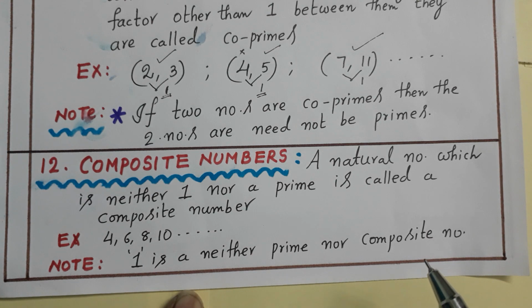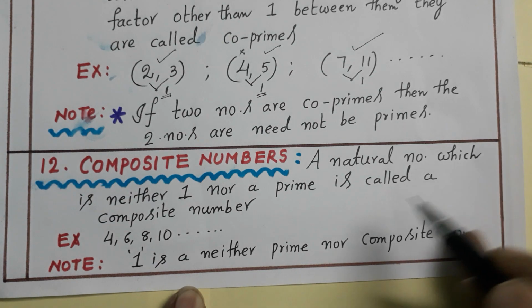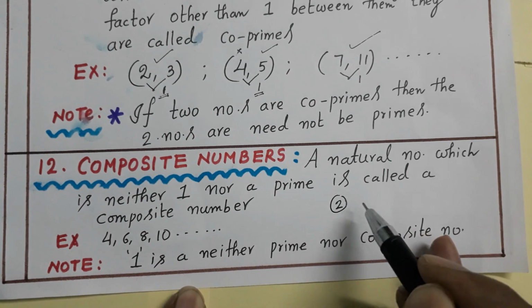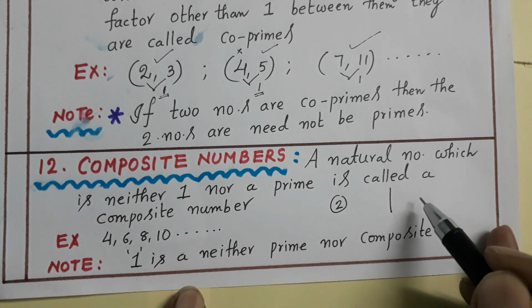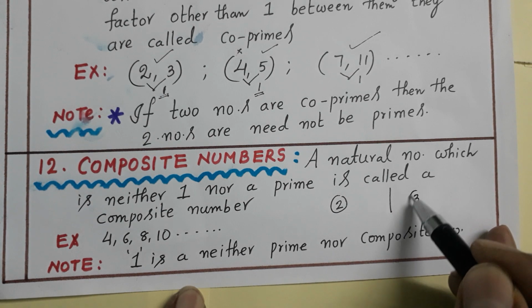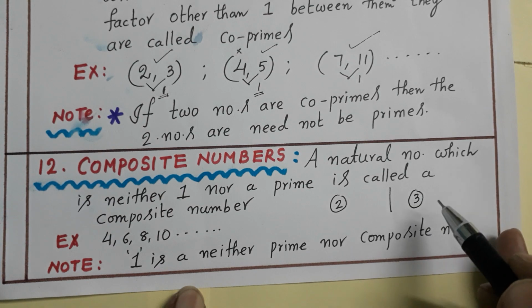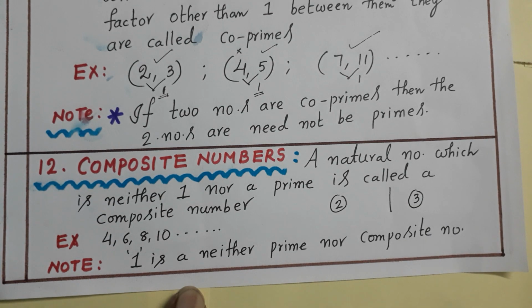Here I just want to tell you one thing, children. For prime numbers, I told you there are only two factors, that is 1 and itself. Here for a composite number, there are a minimum of 3 factors. Along with the 1 and itself, one more extra factor must be there. That means here one note point: 1 is neither a prime nor a composite number.